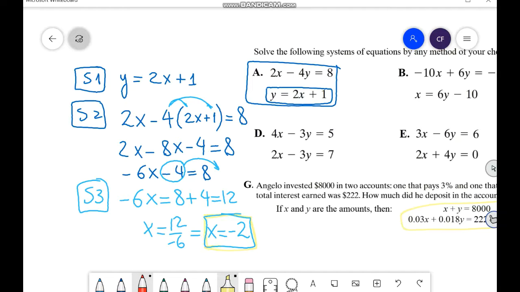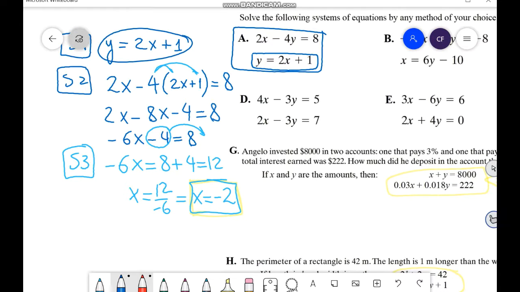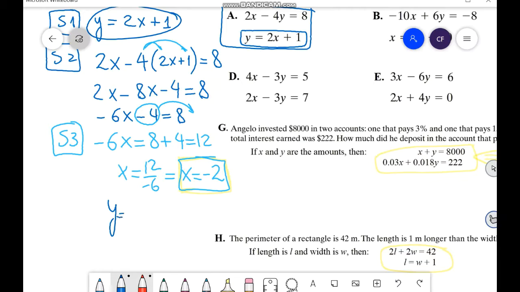And y, let's check y. To find out y, you're going to plug in here. Y equals 2 times -2 plus 1. So y equals -3. The answer, -2 and -3. See, applying substitution method or applying the graphing method, you're gonna have the same solution.